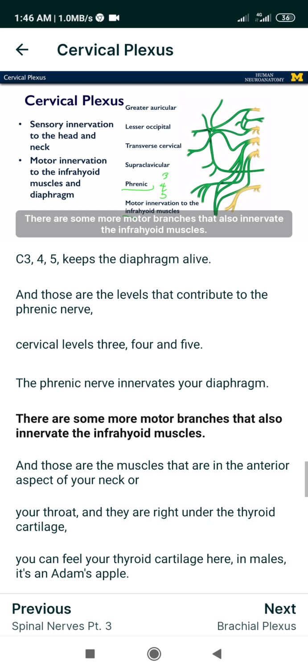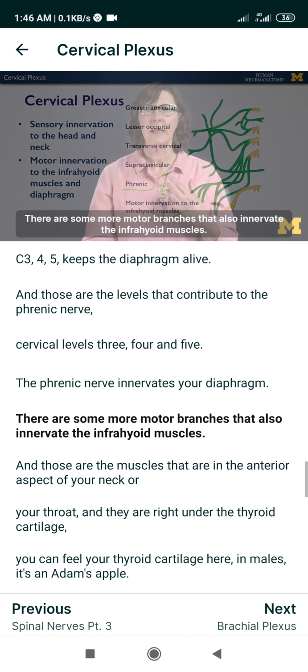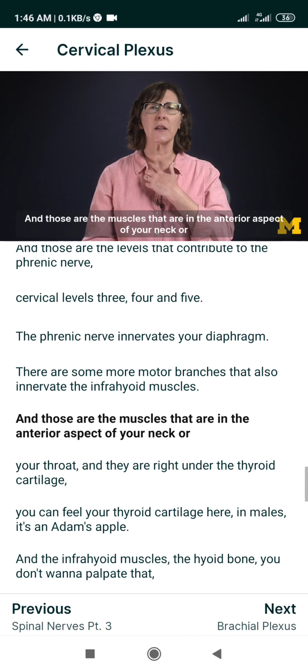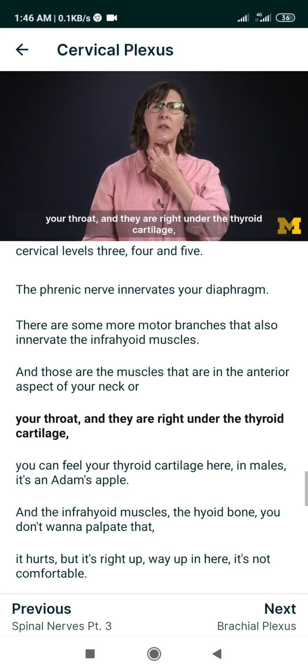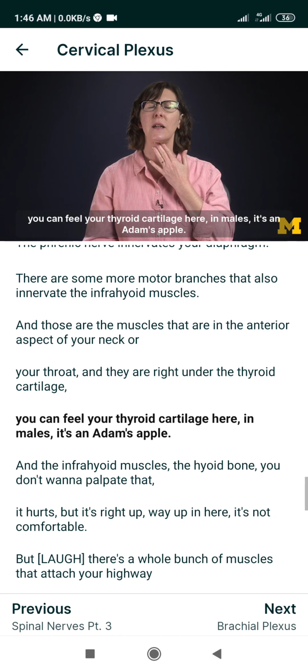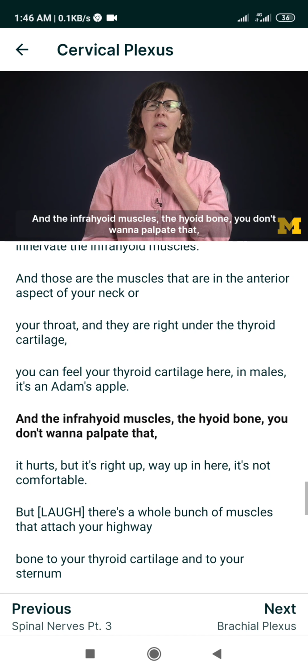There are some more motor branches that also innervate the infrahyoid muscles. Those are the muscles in the anterior aspect of your neck, or your throat, right under the thyroid cartilage. You can feel your thyroid cartilage here. In males, it's an Adam's apple. And the hyoid bone, oh, you don't want to palpate that.